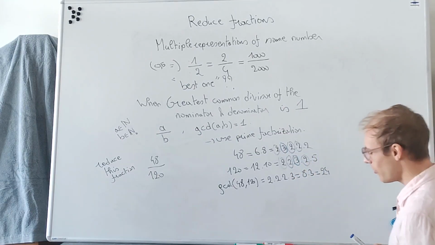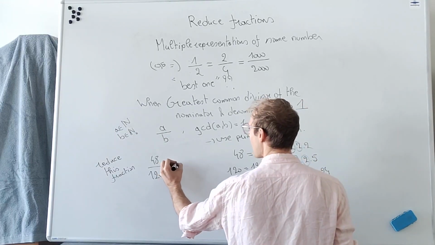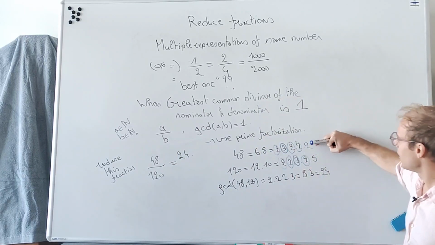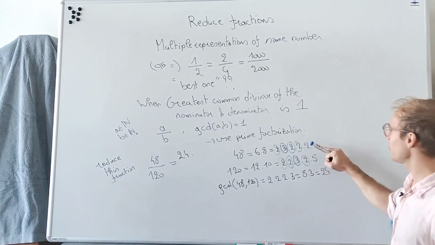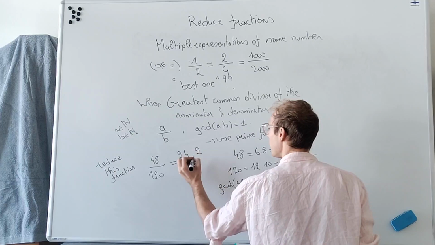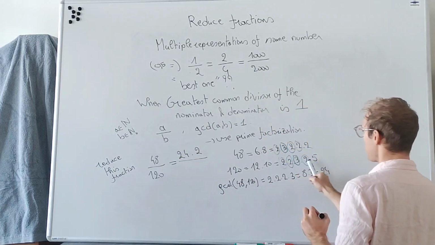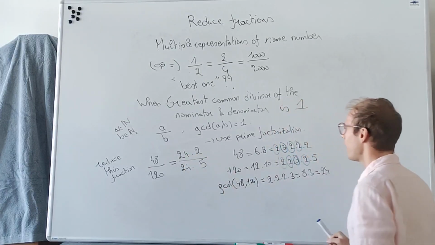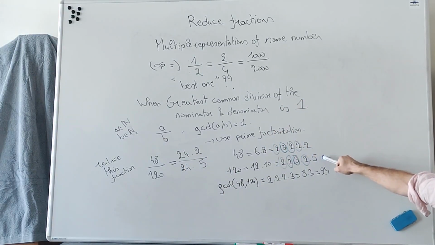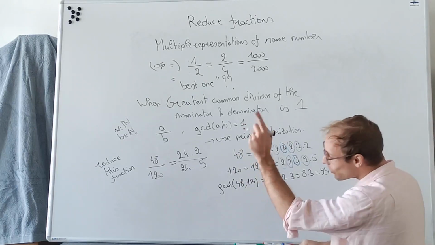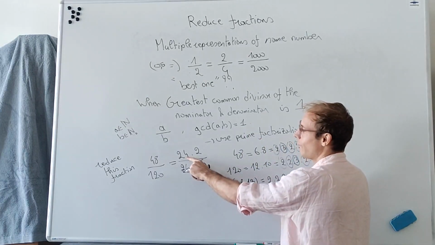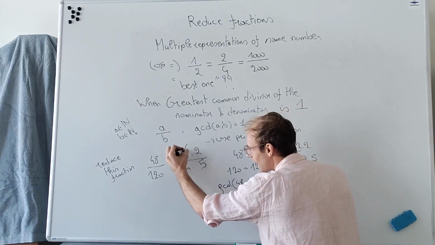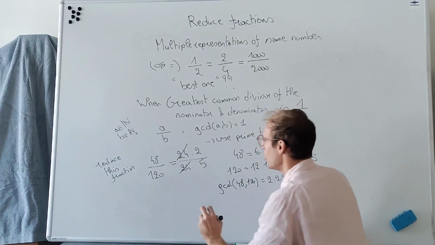What we can do now is write 48 as 24 times the factors that we didn't encircle, that's only a 2, divided by 24 times the only factor that we didn't encircle for 120, which is 5. And we can reduce this fraction now because 24 appears in the numerator and in the denominator and we're multiplying, so we can cancel it out. Why is that?